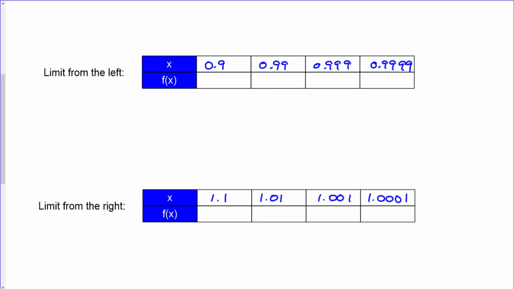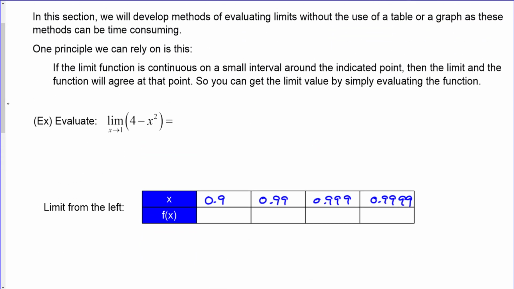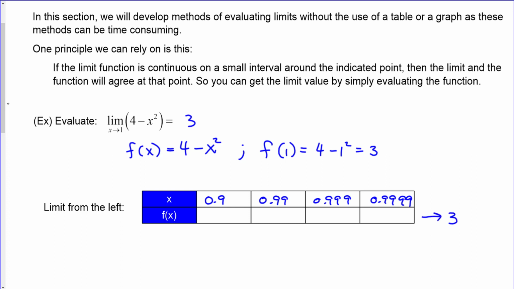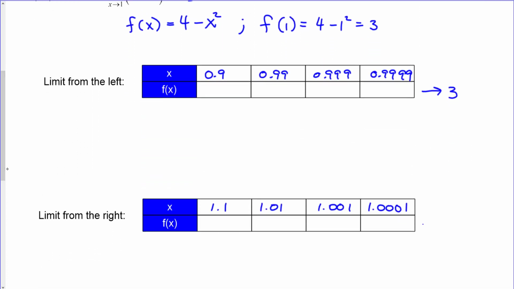So if I have a continuous function, if I just plug in the limit value and evaluate, then I get the value of the limit, because what we observed was the limit from the left was approaching 3 and the limit from the right was approaching 3.